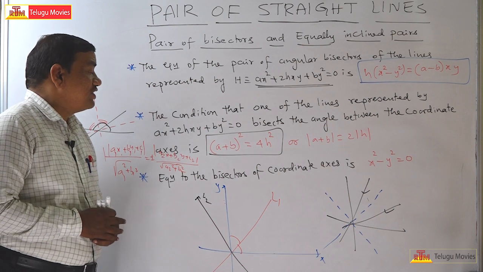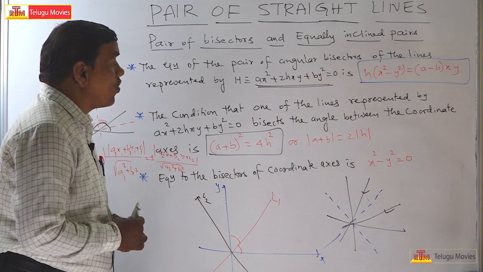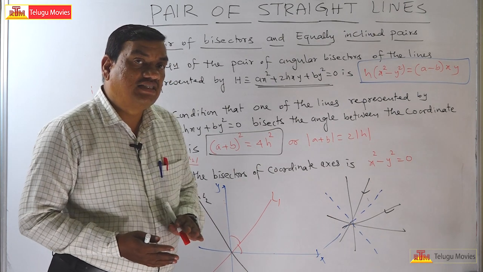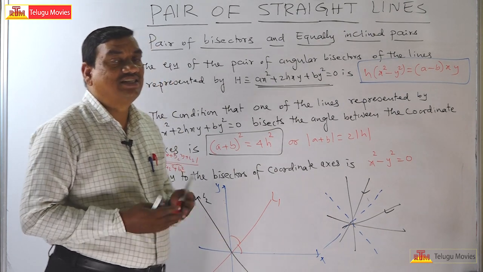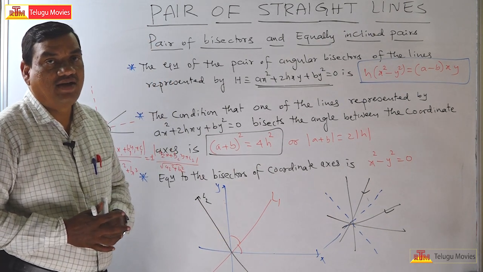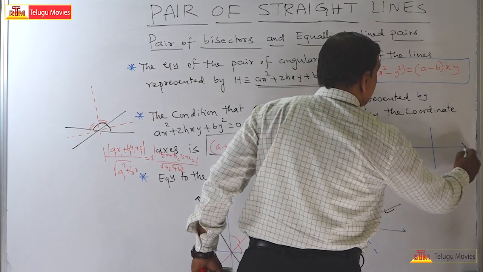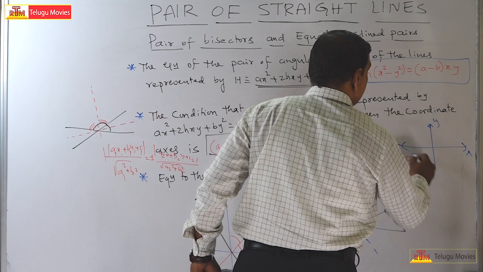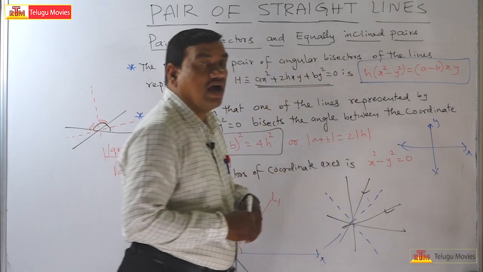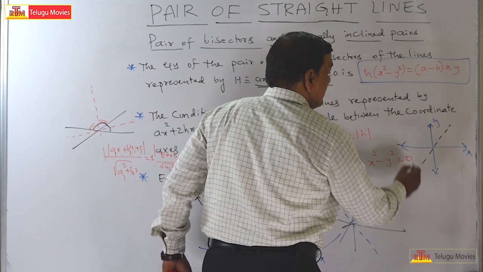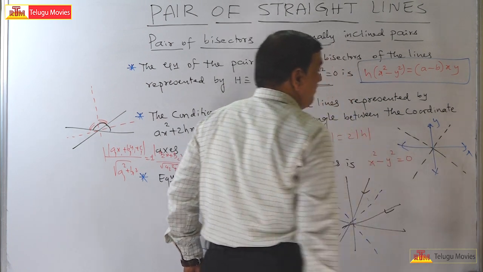Next one, the equation of the bisectors of the coordinate axes. If you observe, the x-axis and y-axis are themselves a pair of lines. Definitely they also will have angle bisectors. So this is one angle bisector and this is another angle bisector.